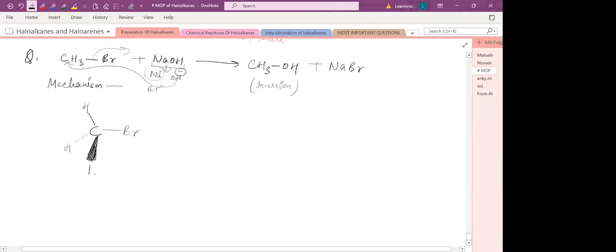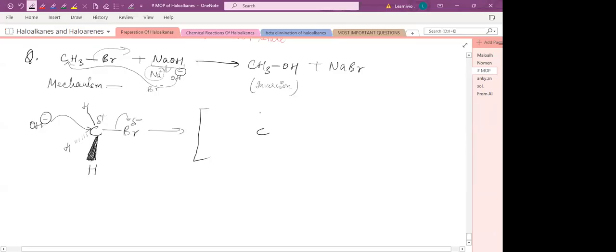Now what is the nucleophile here? The nucleophile is OH minus, so it will attack from the back side. This bromine will acquire a partial negative charge and this will acquire a partial positive charge. Now write down the transition state.